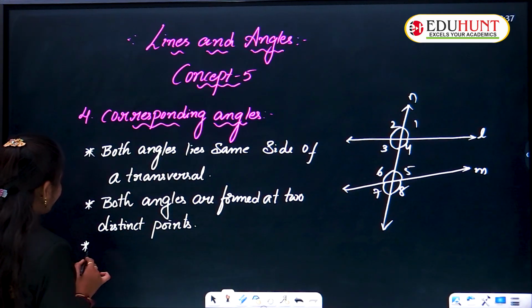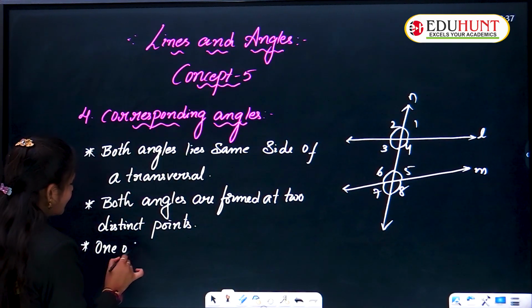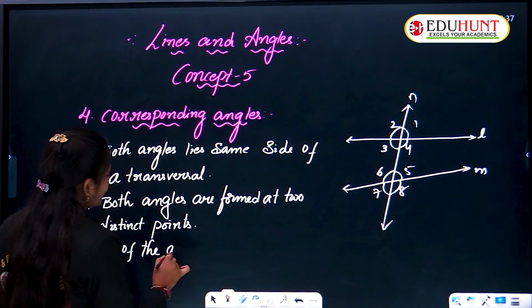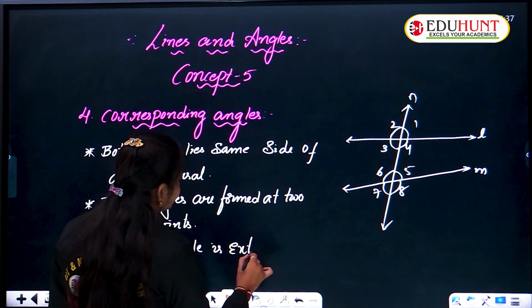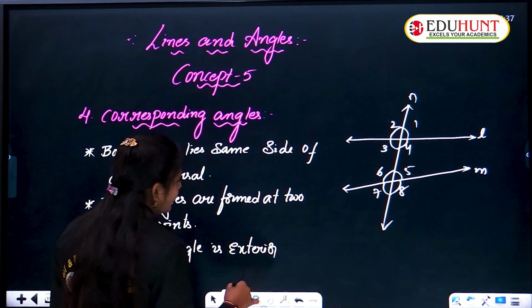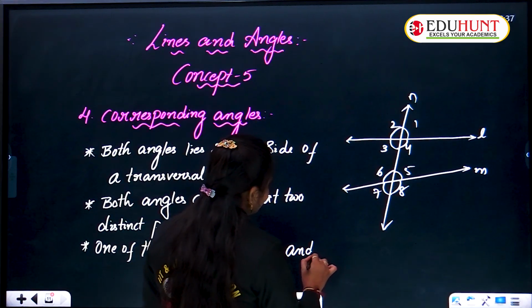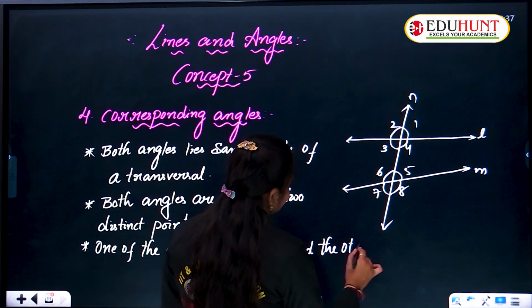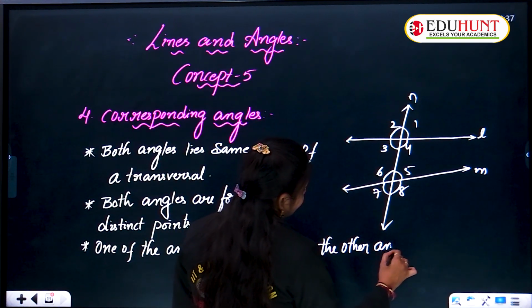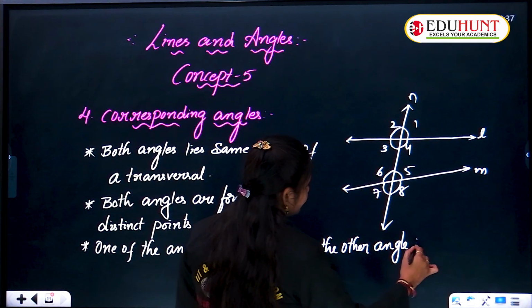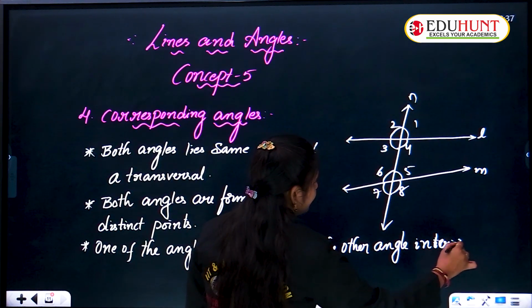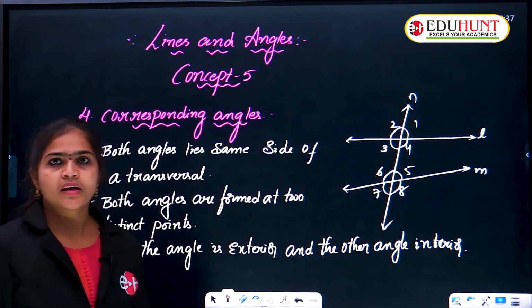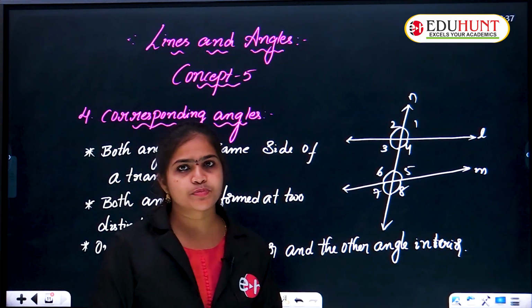And the last point is, one of the angles is exterior and the other angle is interior. Understood? These are the properties of corresponding angles.